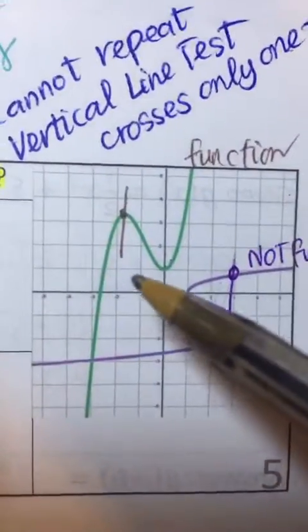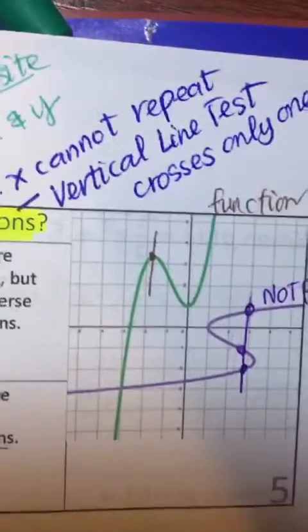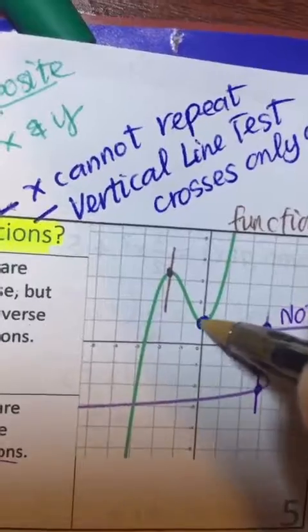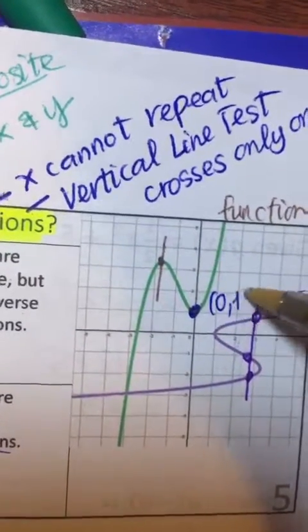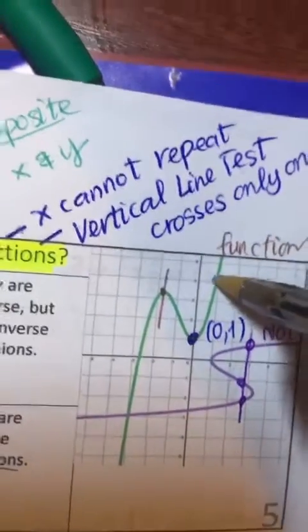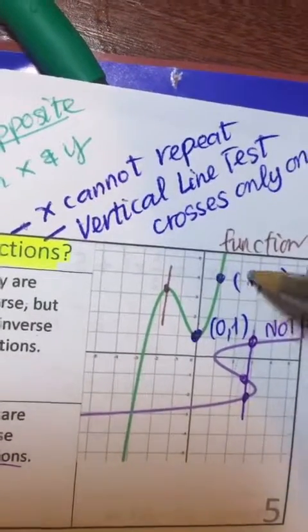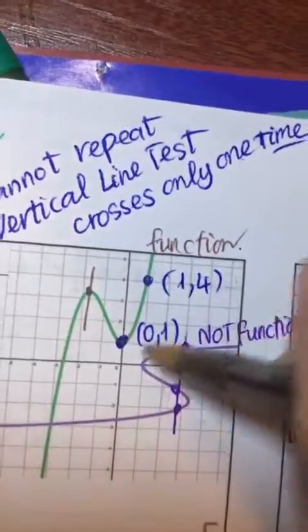When you pick points, you want to pick the ones at the corner so that you have whole numbers and it's easier to see. Here, if I pick this one, it is 0, 1. And then one more on the green. Let's pick this one. This one is 1, 4. Okay, so I have 2 points on this function: 1, 4 and 0, 1.